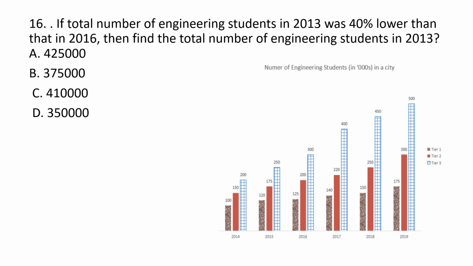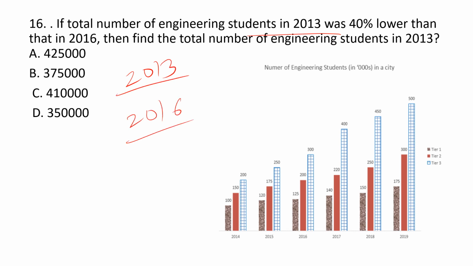And moving on to the next question. If the total number of engineering students in 2013 was 40% lower than that in 2016, find the total number of engineering students in 2013. It's very simple. We need to find the number of students in 2013, but we are given the figure in 2016.